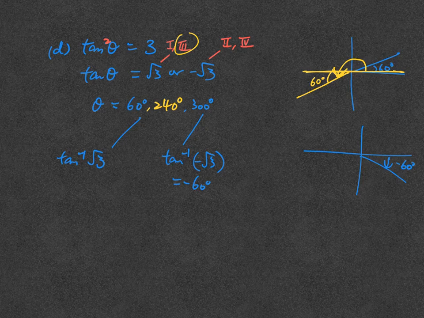But we don't use minus 60 as a reference angle, we just look at the size, which is 60 degree only. So on the x-axis, we read the second answer in quadrant 2. We draw 60 degree, the reference angle, in quadrant 2, which gives you the second answer, 120. Normally, before the last answer, we change the symbol to 'or', and these are the 4 answers for question part D.